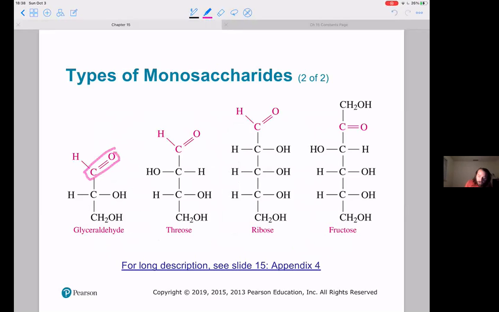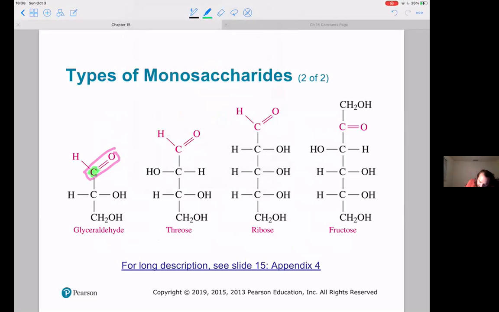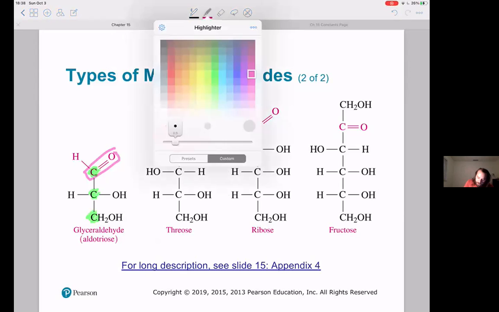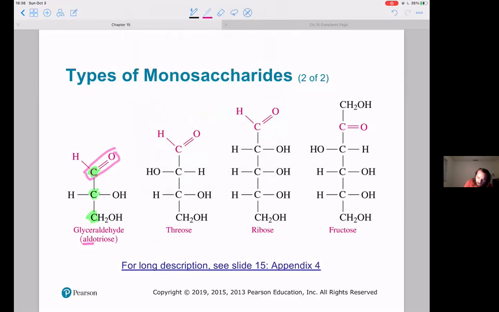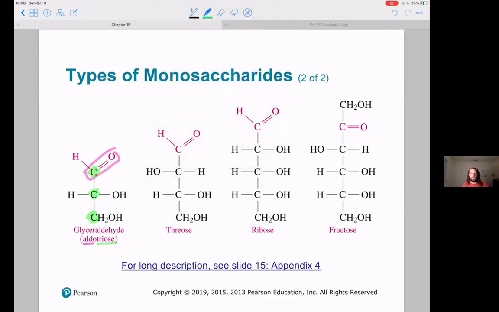It's an aldose, it's got that aldehyde functional group, and there are 1, 2, 3 carbons. So that makes it an aldotriose. Aldo because of the aldehyde, triose because it's got those 3 carbons.